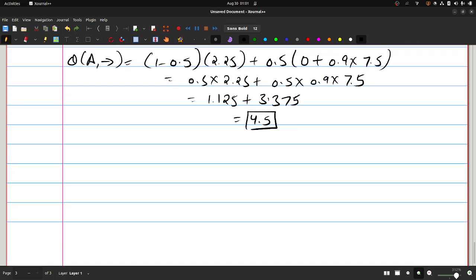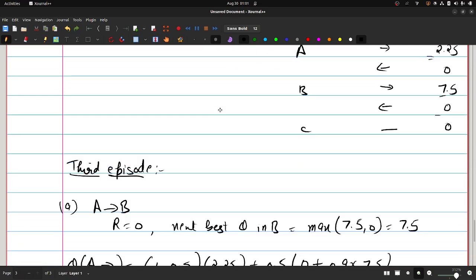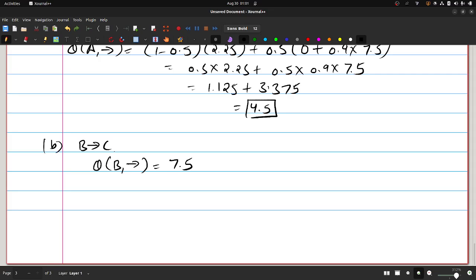Right? So now we have to go from B to C. In B to C, what is the current value of Q in B? The Q value in B when it goes towards right is equal to 7.5. Now the reward that you will get from B to C is equal to 10. So what is the Q value now in state B when you take a right action?